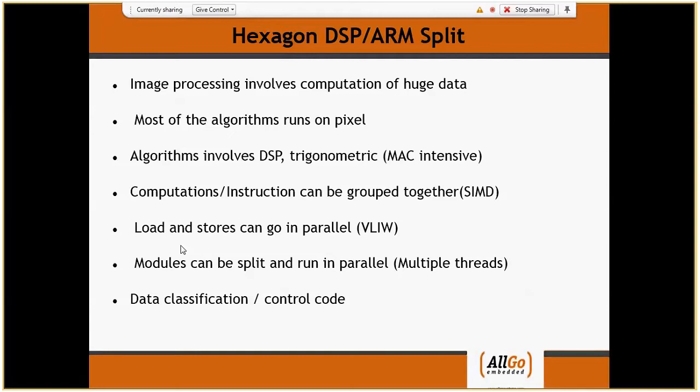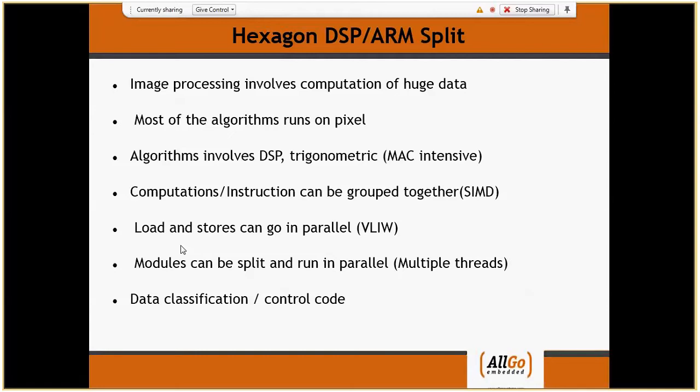So modules can be split and run in parallel. What happens is you run on an image buffer, basically a huge image buffer, where you can split the image into three or four entities and run them in parallel. Since the computation across the rows of pixels doesn't depend on the data within the image, you can split the algorithm and try to run it on multiple threads.